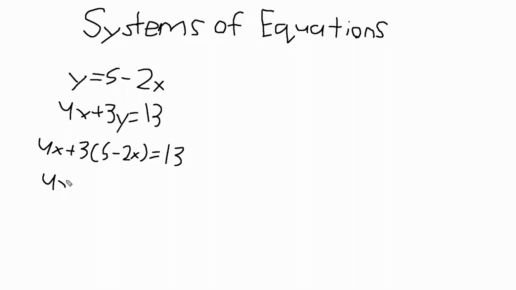So 4x plus 15 minus 6x is equal to 13. Now the next step is to basically simplify the equation. So we want to put the variables together and the regular numbers together. So 4x minus 6x, we want to put them together.